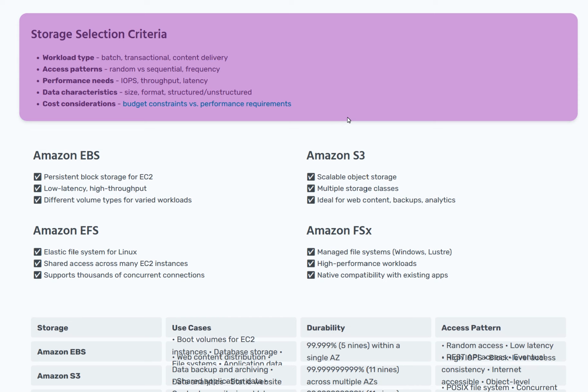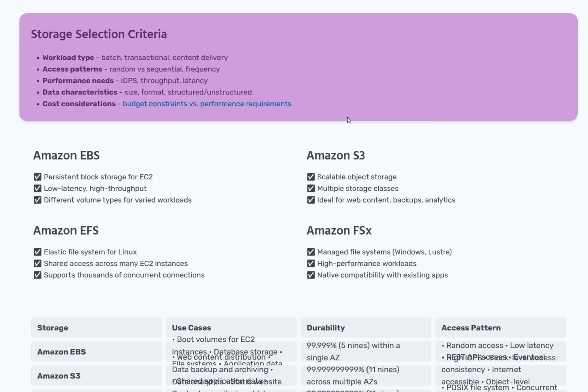Then the access patterns: how do you access, random or sequential, and the frequency. Performance: do you need IOPS, throughput or latency? Then the characteristics: size, format, structured or unstructured. And then cost consideration, budget constraint versus performance requirement, right? So EBS, and then you have S3, and then you have EFS, and you have FSX, right?